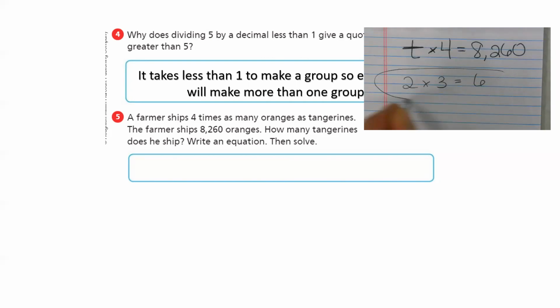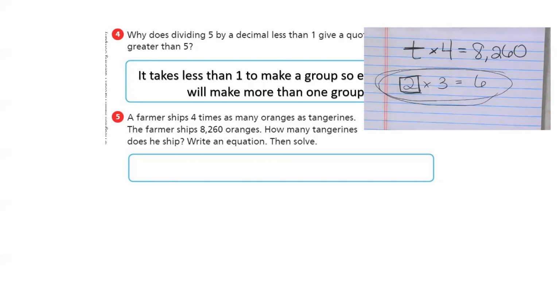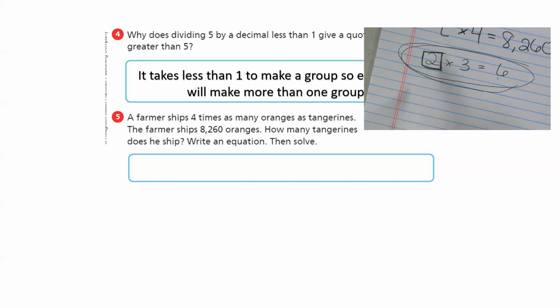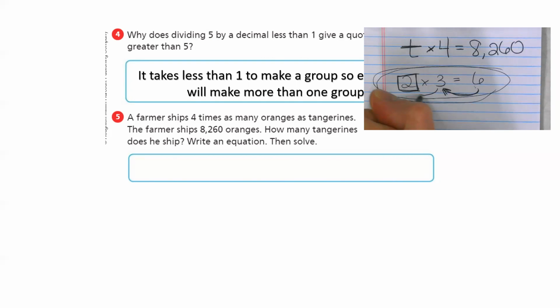I'm going to use this to figure out how to find the answer. So the one I don't have is this one. How could I go from 6 to 3 to 2? You divide. I'm going to take 6, divide it by 3, and that's going to equal 2. So if that works with my made up easy one, that's exactly what I'm going to have to do for this hard one, the real one.